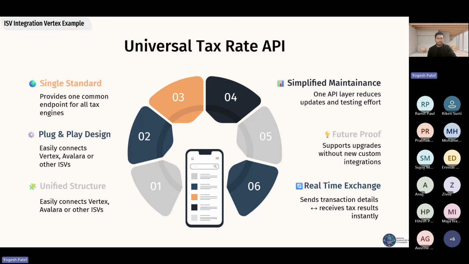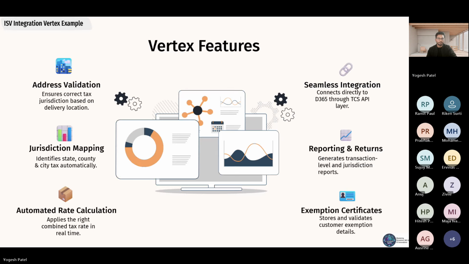Because it's built with a common standard, maintenance becomes easier, and only one API layer needs testing and updating. And as they say, it's future-proof as well. Any new features the ISVs release are handled by them and are compliant as well. Again, the ISVs themselves also operate in real time.